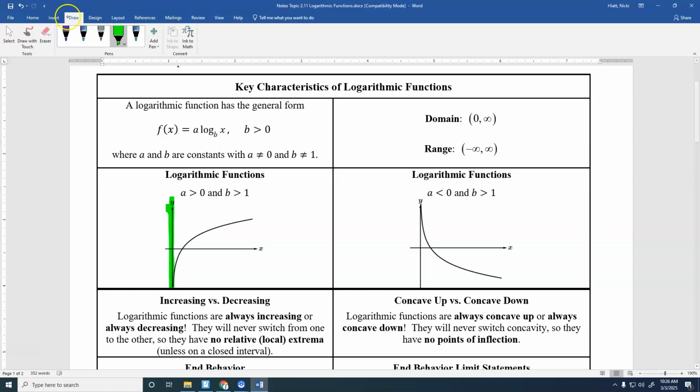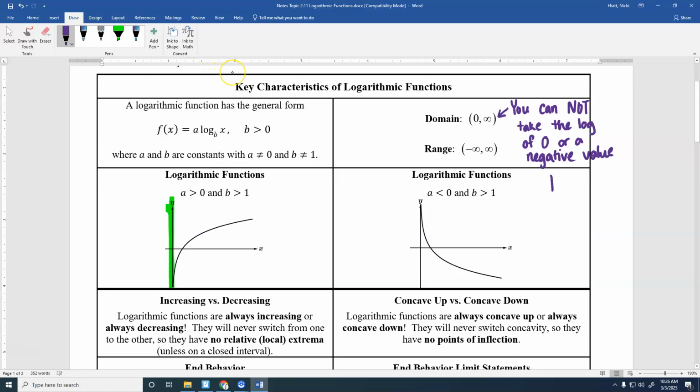This is important, right here: you cannot take the log of 0 or a negative value.